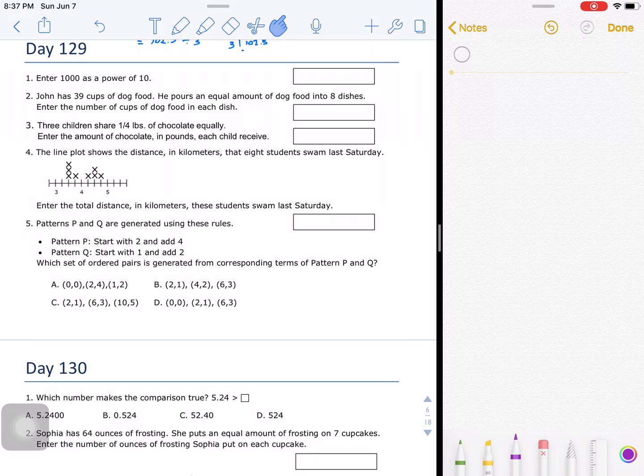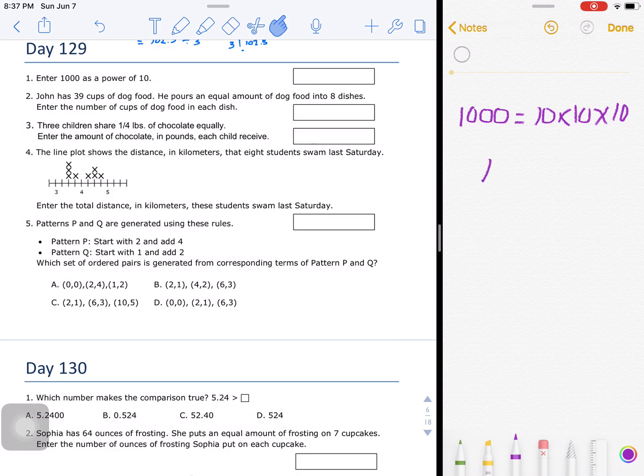Problem number 1. Enter 1,000 as a power of 10. So, remembering way back to September, we know that 1,000 is equal to 10 times 10 times 10.